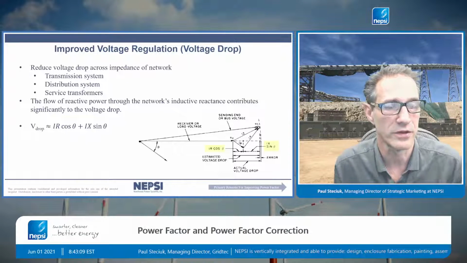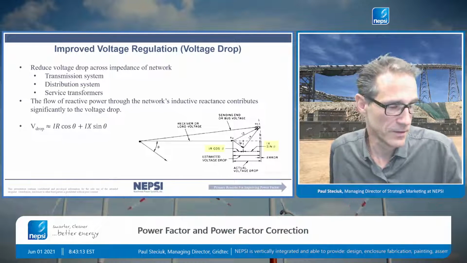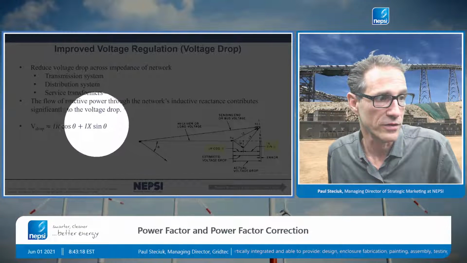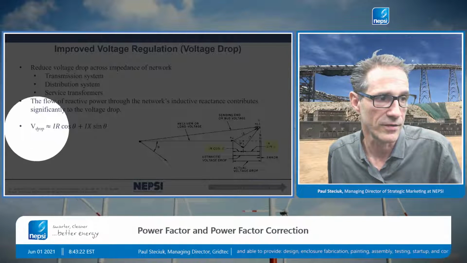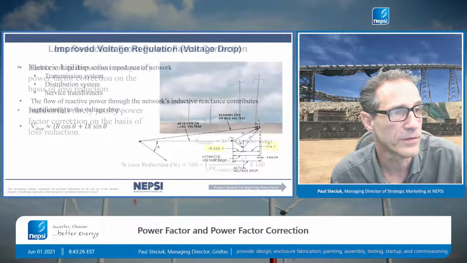So it's primarily the reactive component. So by reducing the IX sine theta component, as you see here, we can reduce our voltage drop significantly. So improving power factor is by far the best way to go.